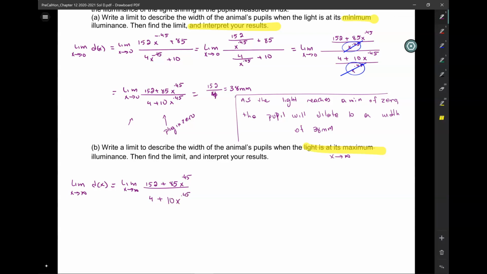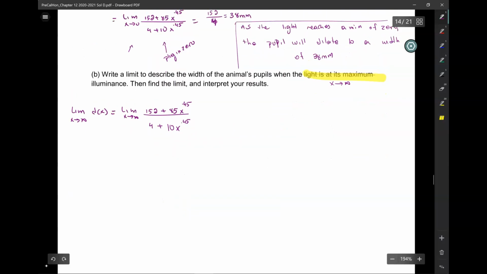What did we learn about evaluating a limit of a rational function at infinity? The x's are the same, so it's 85 over 10. Exactly. You just have to compare the highest terms. So that's just 85 over 10, 8.5 millimeters. Use the coefficients, because the exponents are the same.